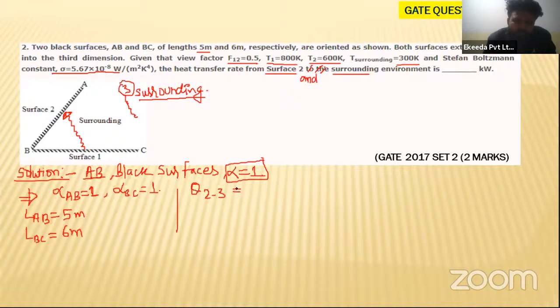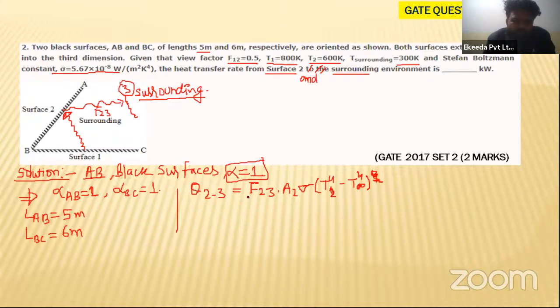For that, first of all, you must know the configuration factor, which is F23, multiplied by area A2, multiplied by sigma, and the temperature to the power 4, that is T to the power 4 minus T infinity to the power 4. So you have to calculate this value.